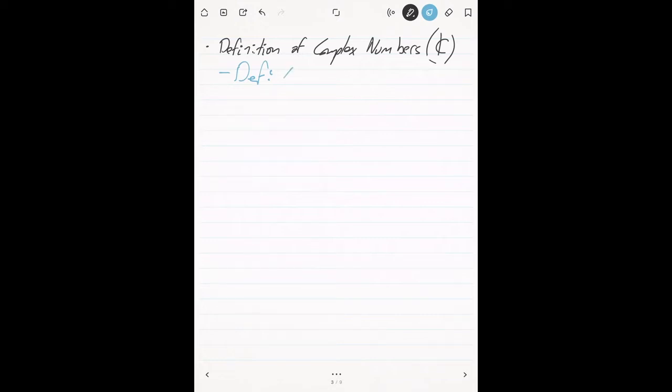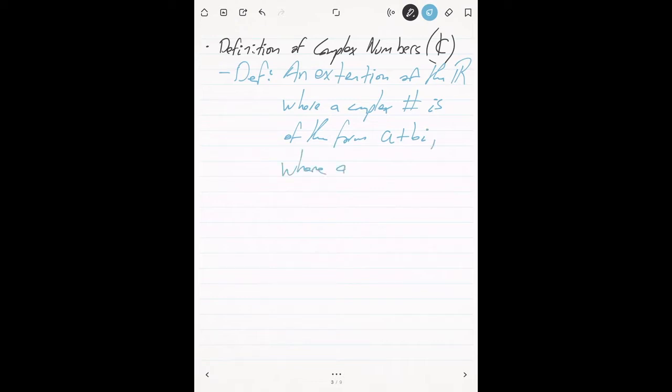So I might put that in the definition: an extension of the real number system, where a complex number is of the form a plus b times i, where a and b are real numbers and i squared equals -1.